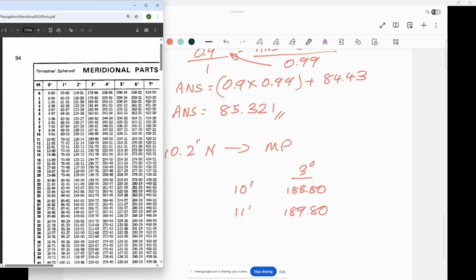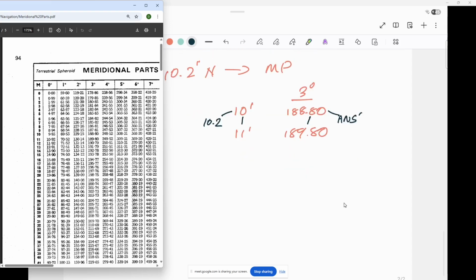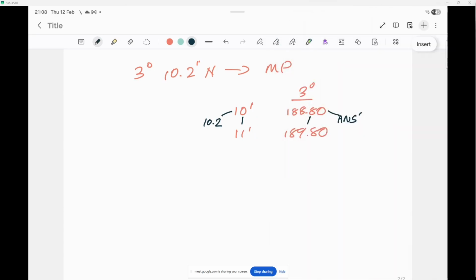Okay, if you remember the operation that I did, let me write it in a different color. What we need to find out is 10.2. So I draw the lines like this. Let's do the calculation.